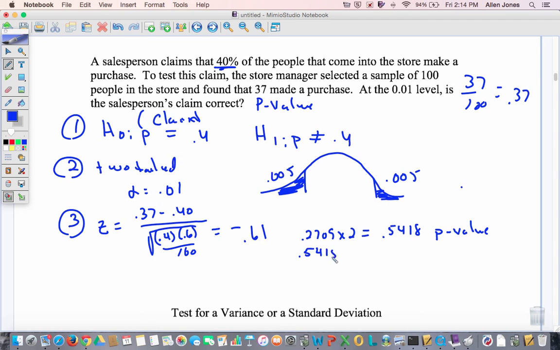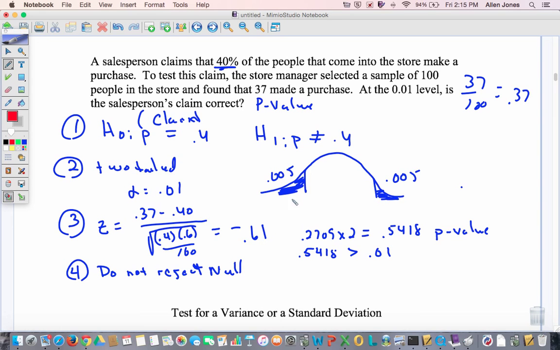Now if you recall back to our p-value lesson, I gave you two options. We can memorize the criteria. If the p-value is greater than our alpha, in this case 0.01, which our p-value is, that tells us to not reject the null. So do not reject the null.